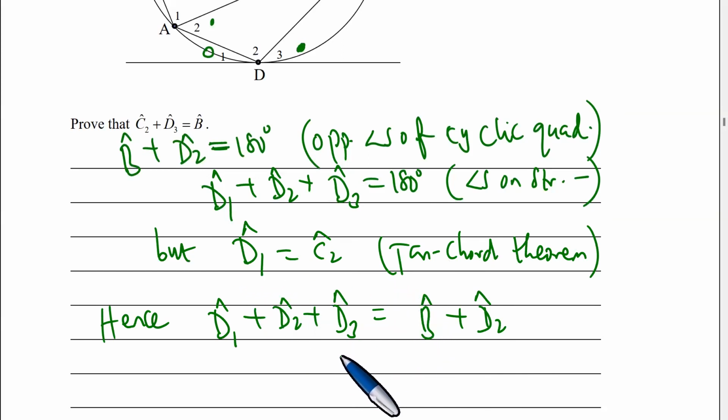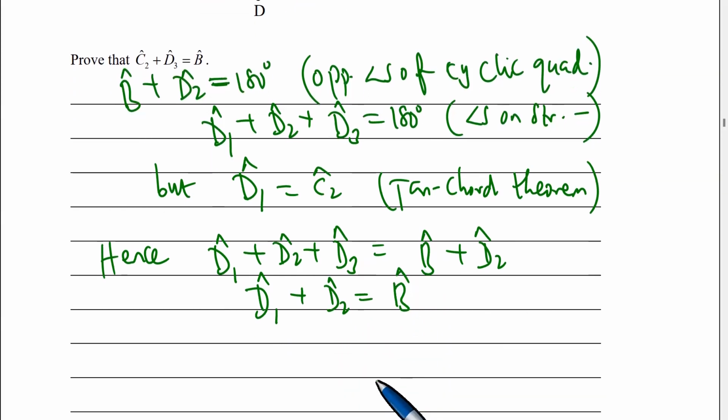So in other words, what do we have? D2 cancels out, and we have angle D1 plus angle D3 is equal to angle B. Obviously at this point, what is angle D1? It is C2, so in the place of D1, you can put C2, which gives C2 plus D3 equals angle B.